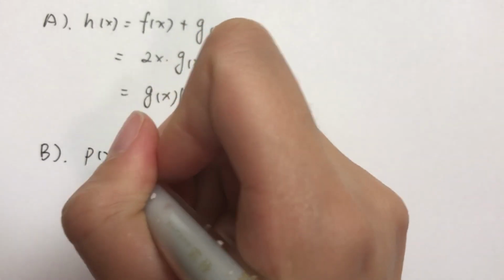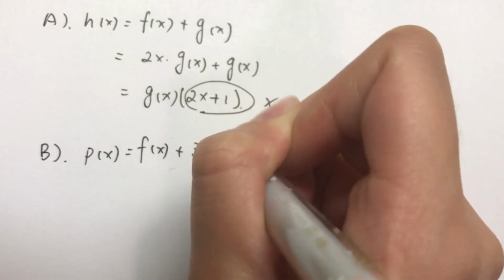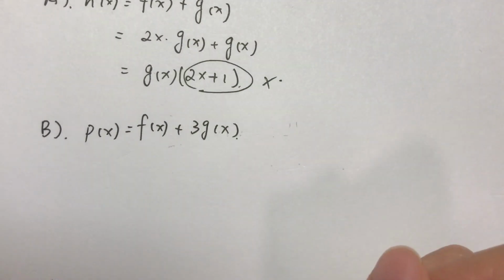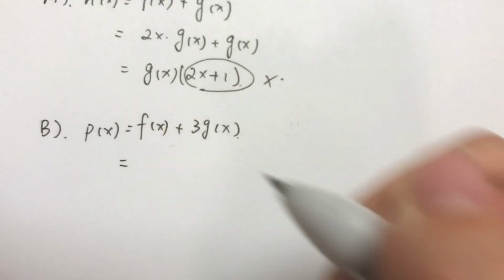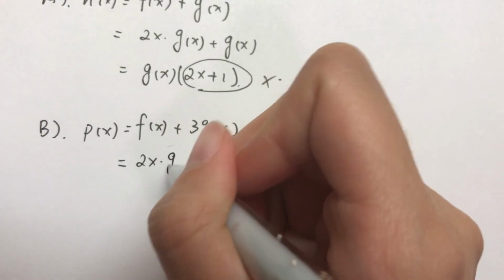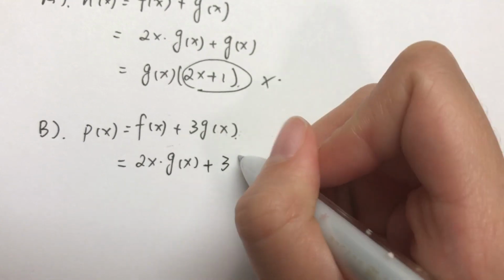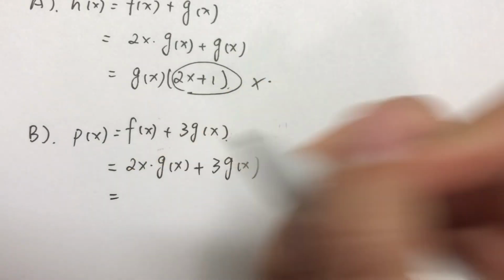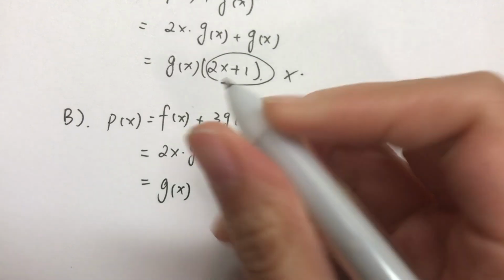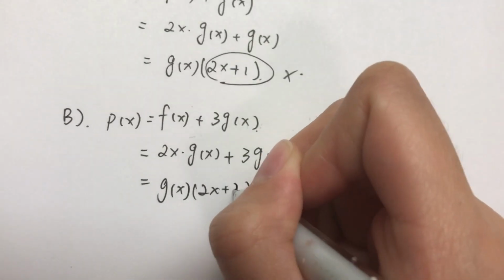And then we move on to choice B. p(x) equals f(x) plus 3g(x). So we just do the same thing for this. f(x) is equal to 2x times g(x), then we plus 3g(x), equal to g(x) times (2x plus 3).